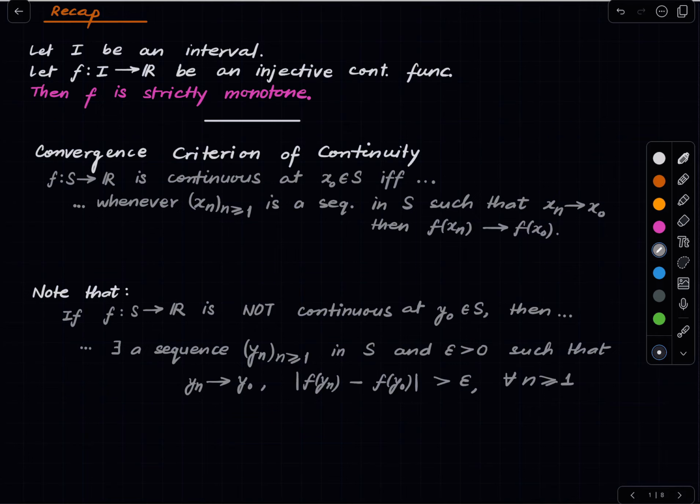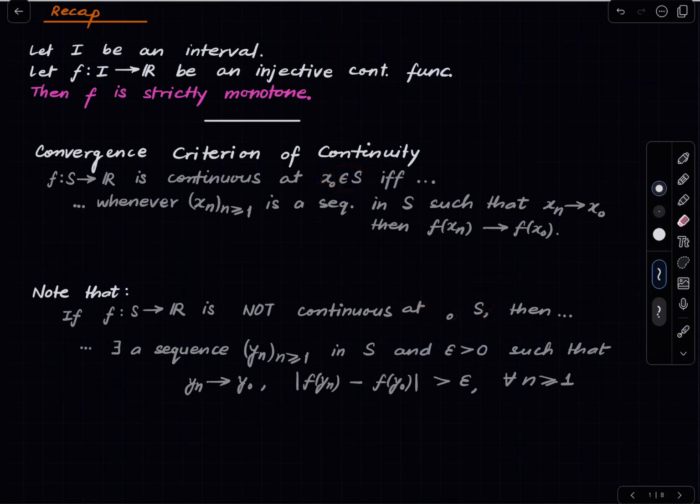So we know this, and if you take the contrapositive, you will not see this immediately, but let me read it out. This is very important. So fix a function from a set S of real numbers to real numbers, and fix a point y naught in S. I'm changing notation. Previously I had used x naught, but there is a reason why I'm using a different symbol.